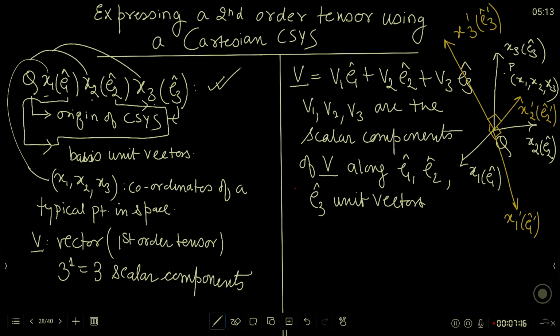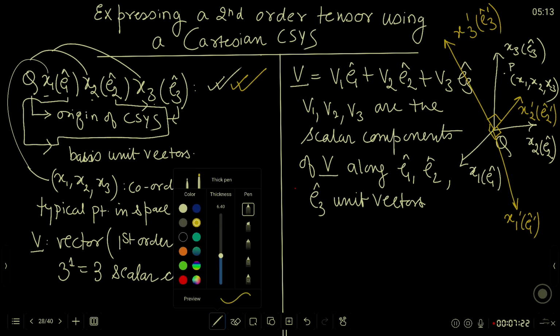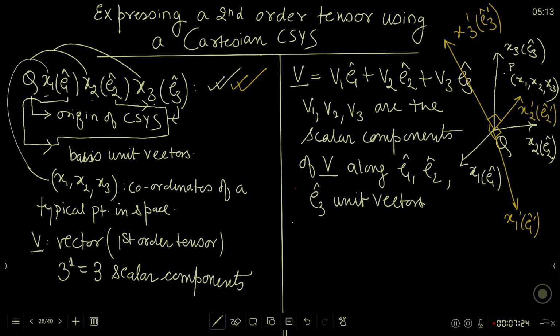So if I want to give a name to his coordinate system following the notation I have here, what will be the other Cartesian coordinate system?